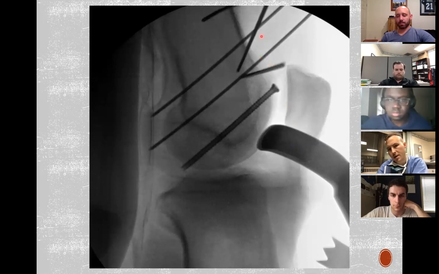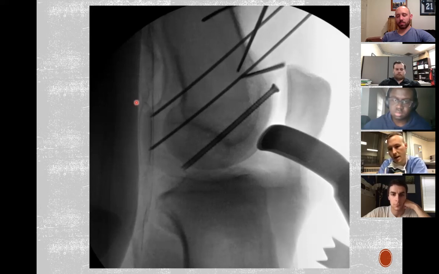So what we ended up doing was we dissected down on the lateral distal femur, and we did a direct reduction with some Weber clamps and using that large clamp as well. We initially had to open up the fracture and clean it out, and we found that there was some tissue interposed there that was preventing us from reducing that fracture.